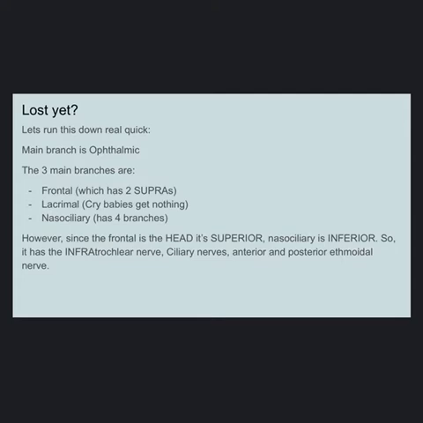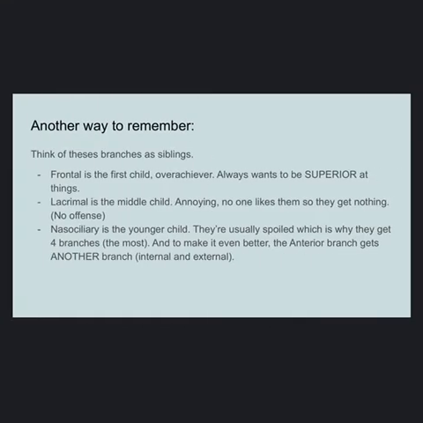Okay, so a weird way that I remember this and it sticks is the frontal is like the first kid, lacrimal is the middle child, and nasociliary is the youngest child. So basically, frontal is the overachiever, always wants to be superior at things, hence the supraorbital, supratrochlear.